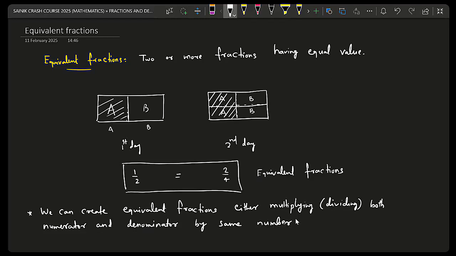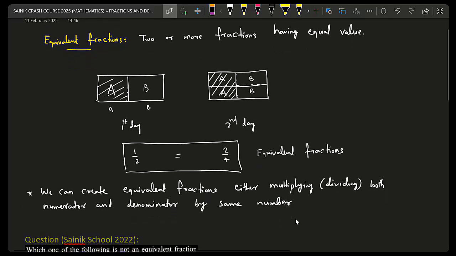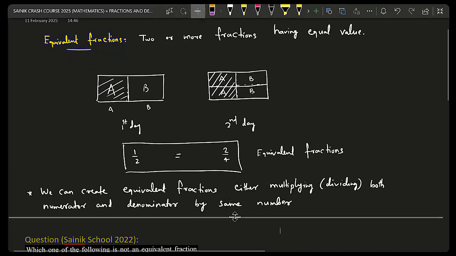Either you multiply the numerator and denominator by the same number, or you divide the numerator and denominator by the same number. That will give you the equivalent fraction.